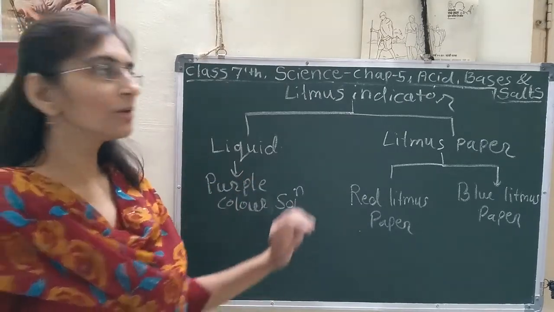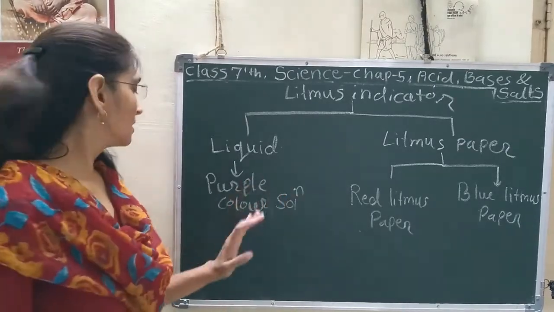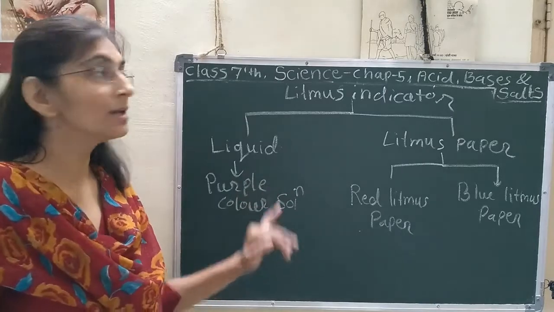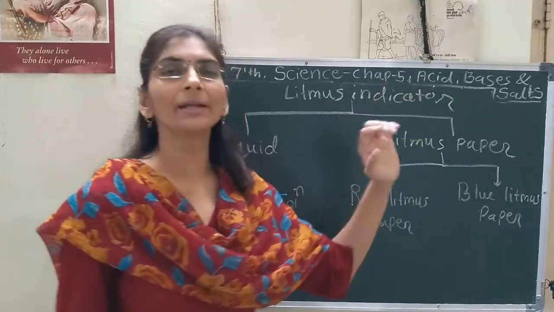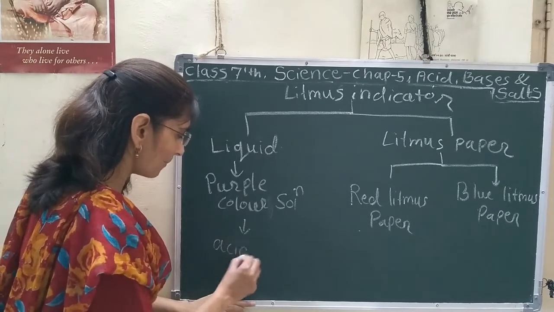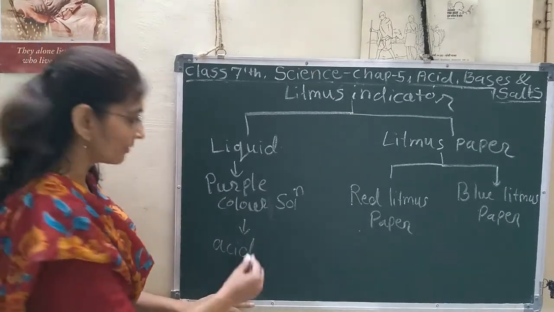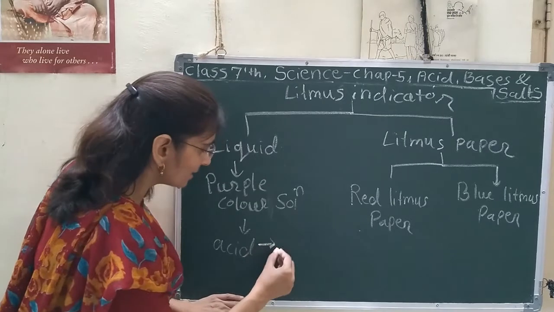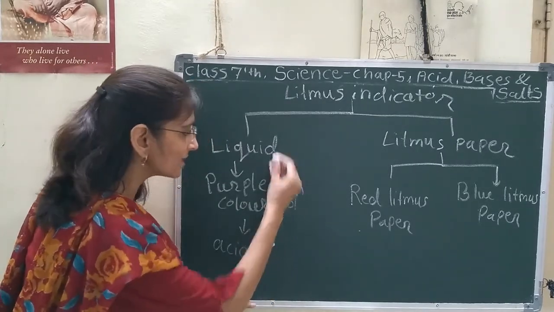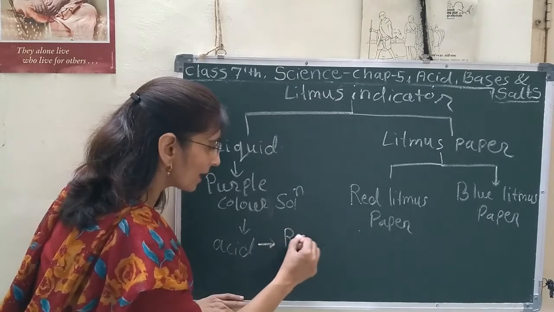Okay. So when we use the litmus purple color solution with acid, when it reacts with acid, what will happen? The acid will change its color to red.